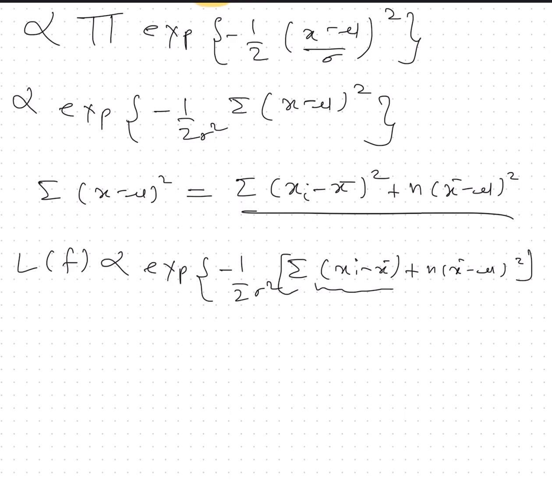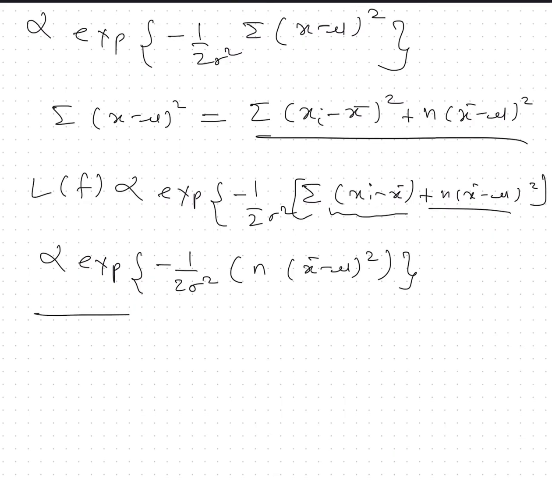So now we have our final term, exponential of minus 1 upon twice sigma square into n into x bar minus mu bracket square. This is our likelihood function of mu, which looks quite like the normal density function with mean x bar.